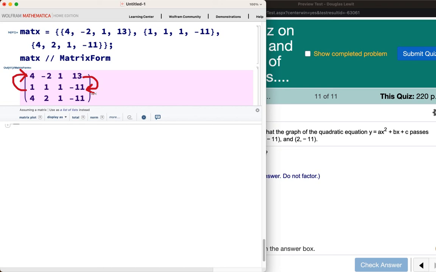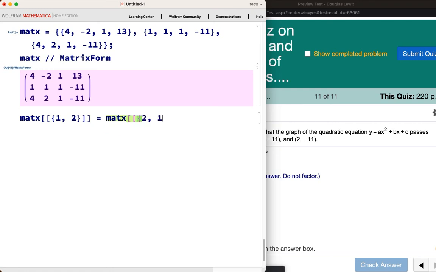And that's why I'm switching the rows the way that I am. So the way to do that would be like this in Mathematica: 1, 2, oops, square brackets, and then using the curly braces, we have 2, 1. And what does that look like?